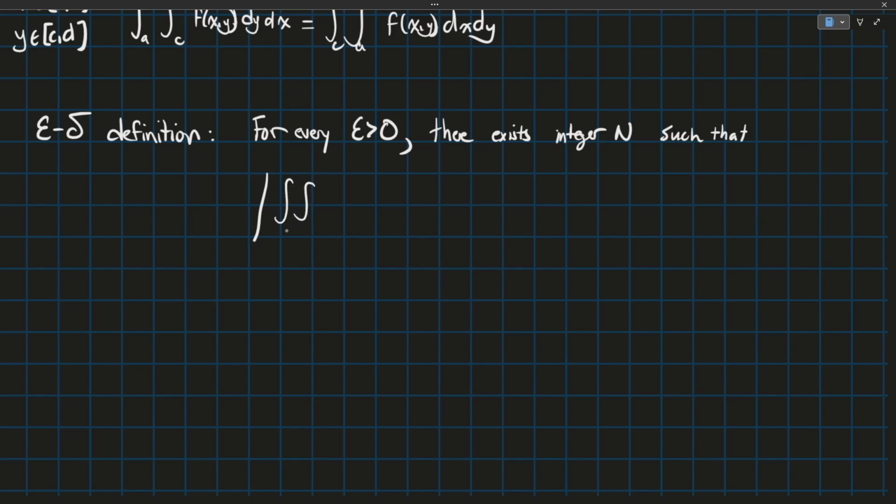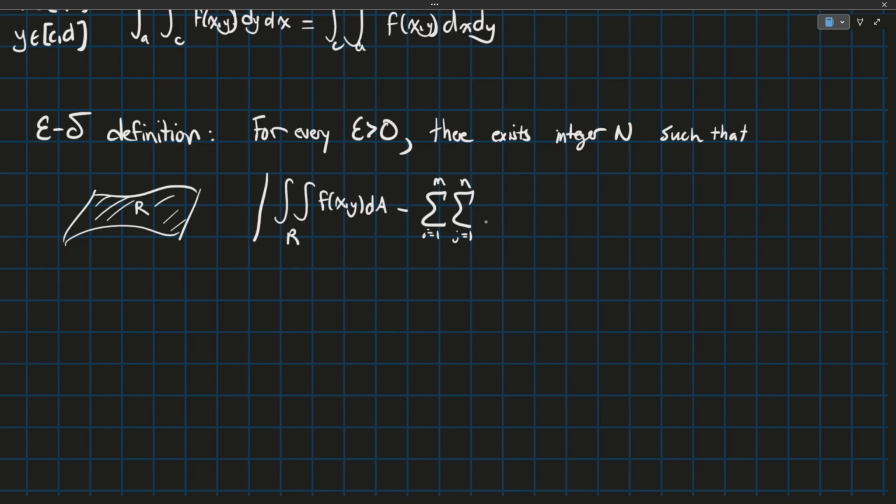between this integral over some region, right? Some region R, let's call the region R. So this is our thing, this region R of the function minus the double Riemann sum of f that we had earlier is less than epsilon.